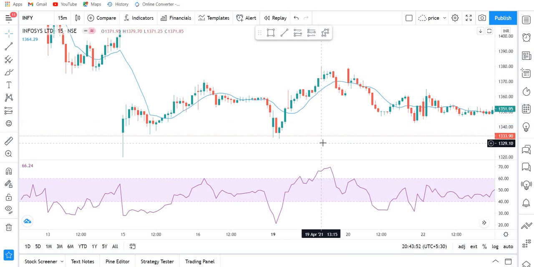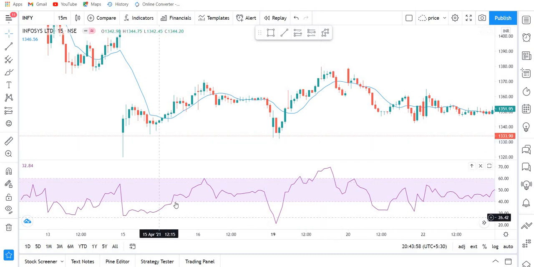So it is a good trading system, the easiest trading system. All you have to look at is two things. Whenever RSI is going above the 40 level from the bottom, you have to see that on the 15-minute chart, the candle formed at that time must close above the 10 SMA. Then you can long this stock.